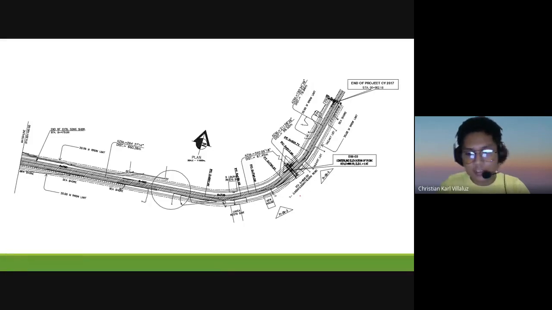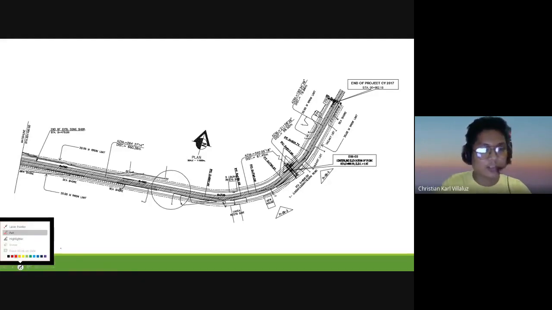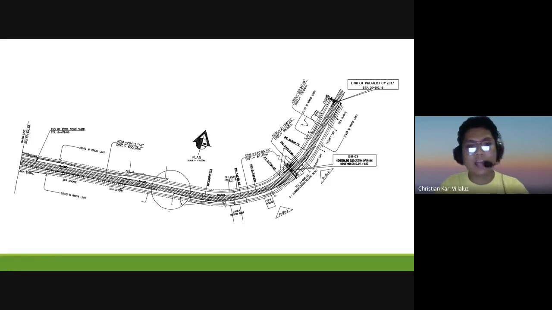In this lesson, we will just analyze what the parts of a horizontal curve are, because in transportation engineering, that is where the design part of the roadway is. So this is just an introductory lesson with regards to transportation planning.